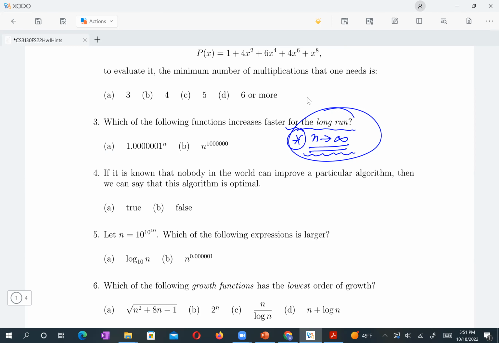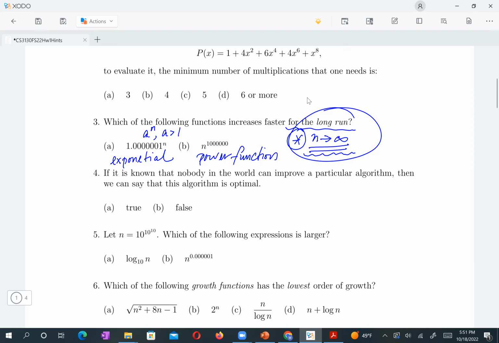But here, to answer this question, B is a power function. A is an exponential function with a base. We know a to the n with a greater than 1.